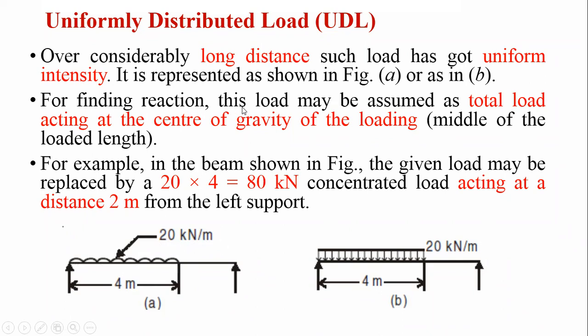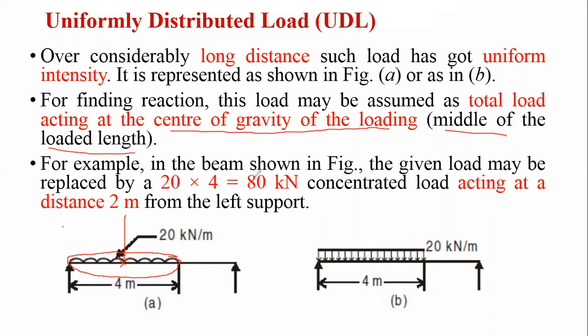To find out the reaction, this load is assumed to be a total load acting at the CG of the load. For our simplification, we have to simplify this and get all this load together, and we concentrate this load at the center of gravity of the load. That is the mid of the load length.